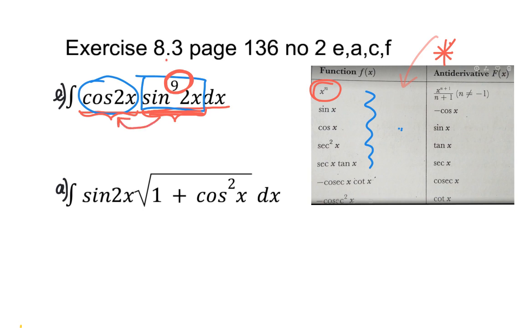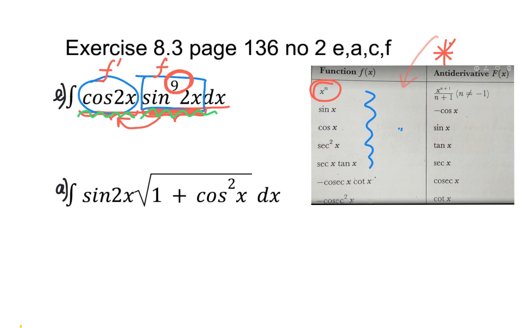Well, if this is sine of 2x on its own, let's say, my function f, this is f dash, because it's a function of 2x and the derivative of this function of 2x. So I should be able to solve by inspection.